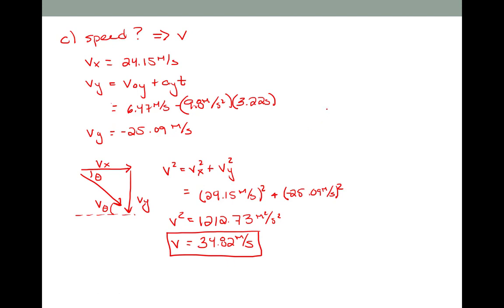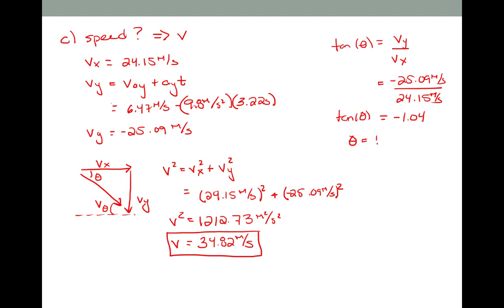So if I want to find that angle, and remember this is an aside, I would use that the tangent of theta is the side opposite divided by the side adjacent. So I can plug in my numbers there, negative 25.09 meters per second divided by 24.15 meters per second, which gives me the tangent of theta is negative 1.04.